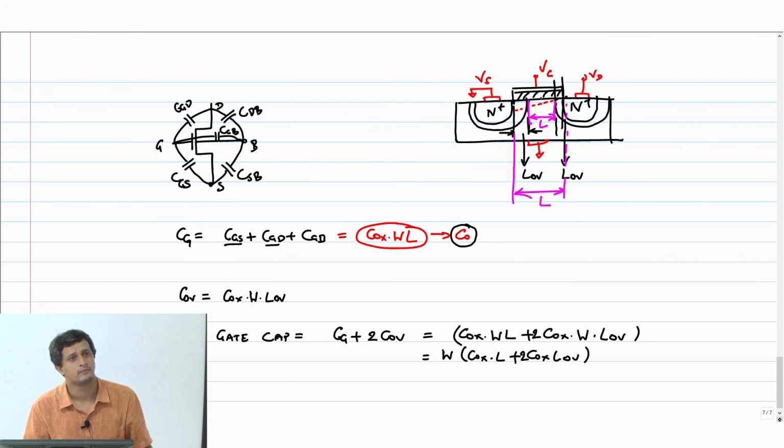But for digital circuit purposes, just assume that is C ox into WL, sum of all these. That is not overlap capacitance. So it's between gate body, gate drain, gate source.